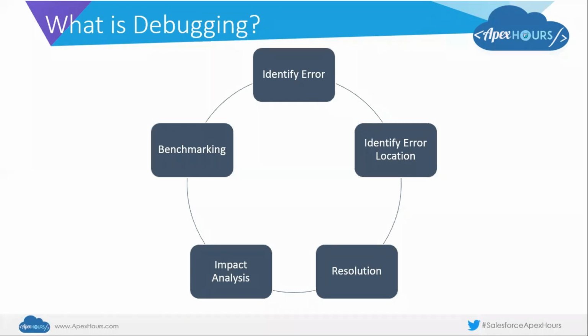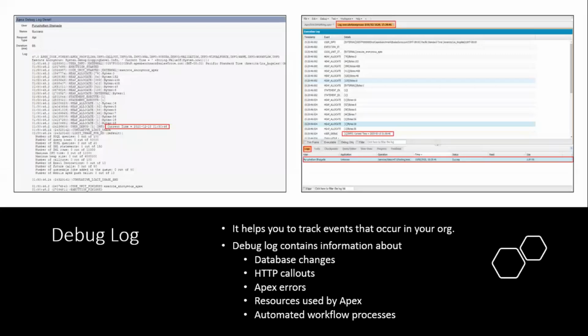Today your code is running perfectly fine for 10 records, but what if that number changes exponentially to a million records, right? Will your code run the same way? That's something debugging can help you identify. So what tools does Salesforce provide for debugging? There is a tool called the debug log.